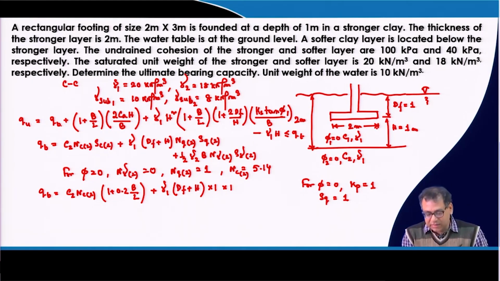Another thing you can ask is why the depth effect is not considered. This depth effect is already taken care of during the derivation. The original equation was developed basically for the surface footing, so that is why depth corrections are required there, but here it is not a surface footing, it is with a depth of Df, and we have done the derivation and the depth effect is taken.